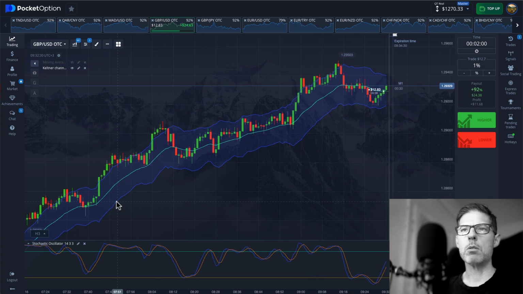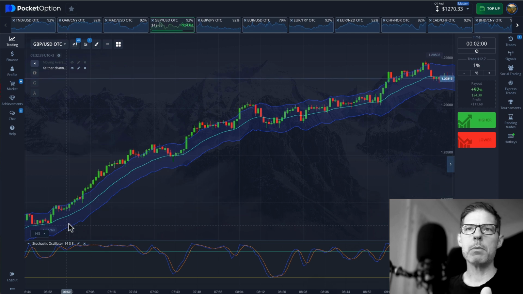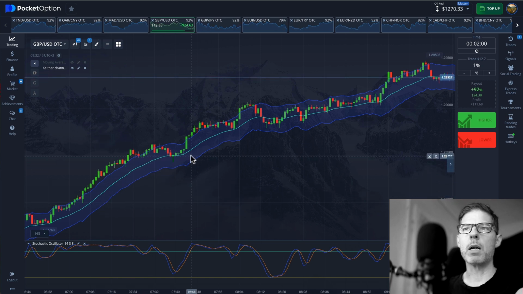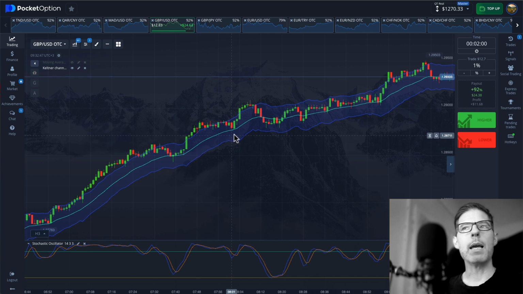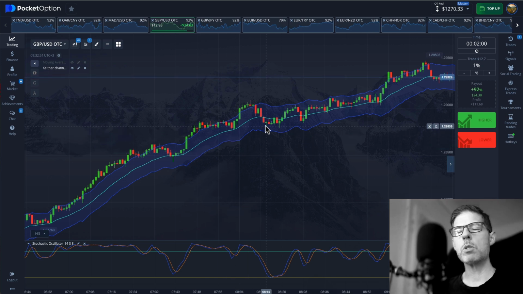So what I mean is you can see the price on this upward trend is hanging out on this side of the Keltner on top. But on the bottom, on the other side of the middle line, it's been fairly clear. So that's where the name comes from, and that's really the setup that you want to see. That's what you want to see on the chart, ideally.